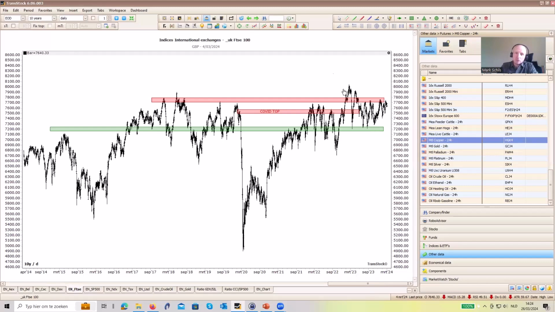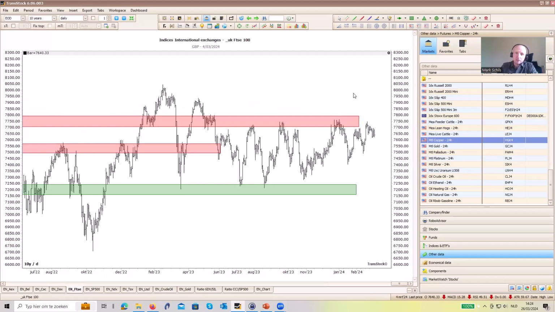If I zoom in on the charts, of course we can add some small trend lines like this. We like to have an overview of the bigger picture, because the analysis is clearer and more pure with a bigger picture.